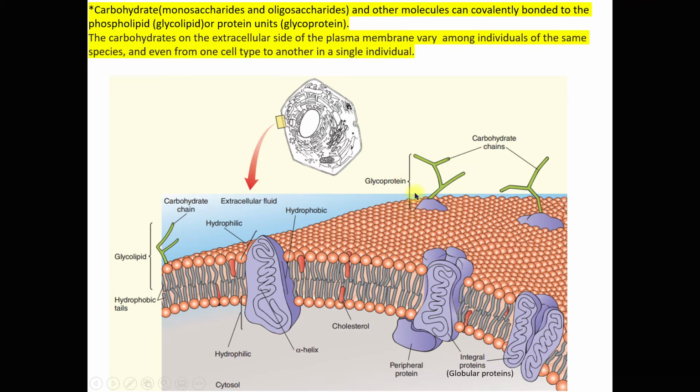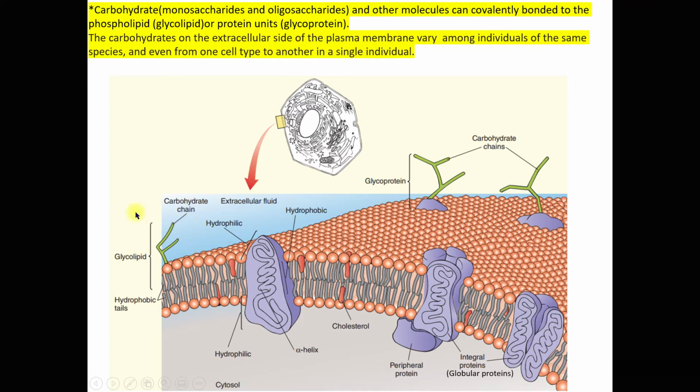These two make up a glycoprotein. Or this carbohydrate chain can also attach or covalently bond with this lipid. If this carbohydrate chain bonds with this lipid, they will form a glycolipid. From here to here you can see, this is a glycolipid.